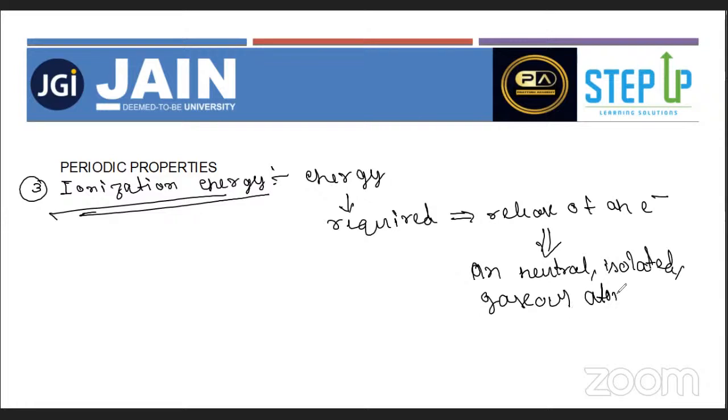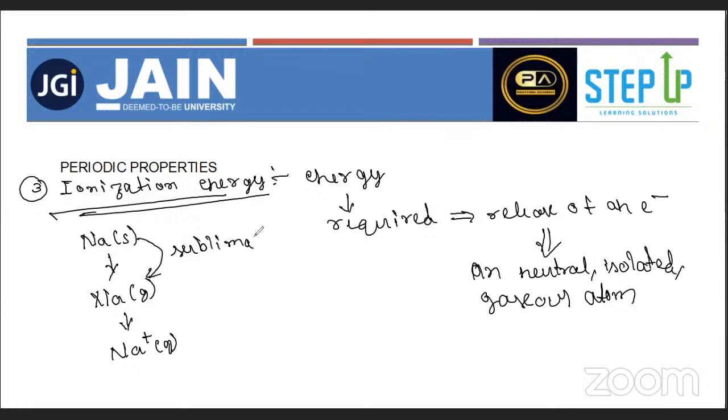For example, if I'm talking about sodium, sodium normally exists in solid form. Sodium is neutral, so first I have to convert it into gaseous form. After converting it into gaseous form, I need to take out the electron from it to make Na plus in gaseous form. If I'm converting solid to gas, that energy is known as energy of sublimation.